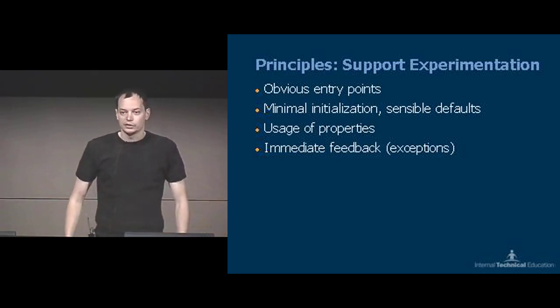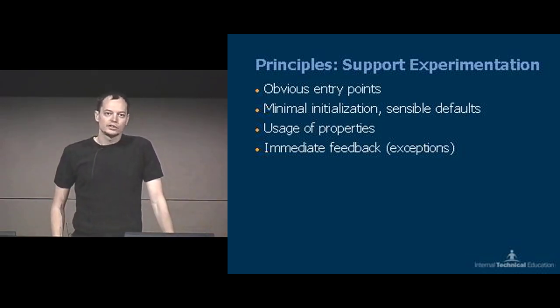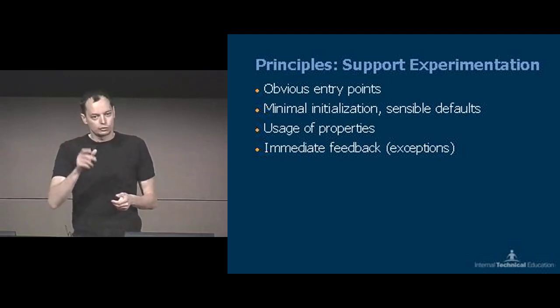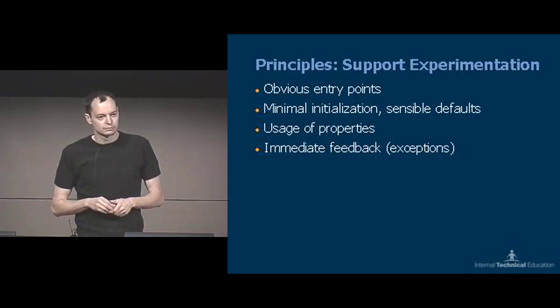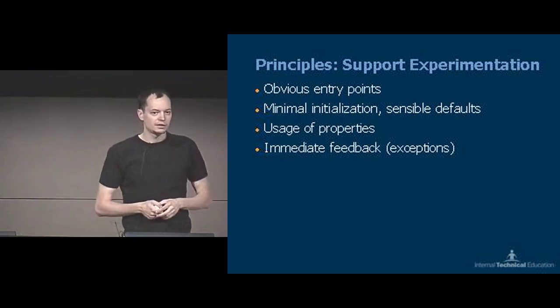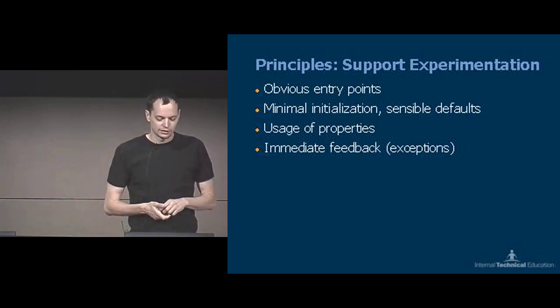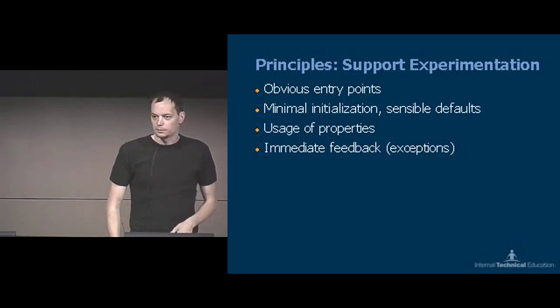Usage of properties is very important, because especially a settable property is something where you can tweak the behavior of the object. So you instantiate it with a default constructor, and then properties are ways of tweaking. And immediate feedback, as I mentioned.